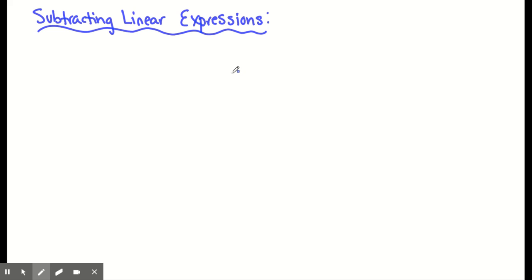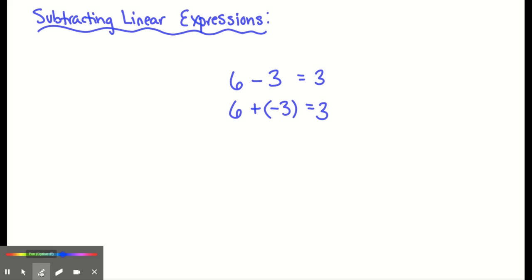So just as a quick review, if we saw something like 6 minus 3, which we all know is 3, we could rewrite that problem as 6 plus a negative 3, right? We're adding the opposite. Either way, your answer is going to come out to 3. The same would be true if we had 7 minus 9.